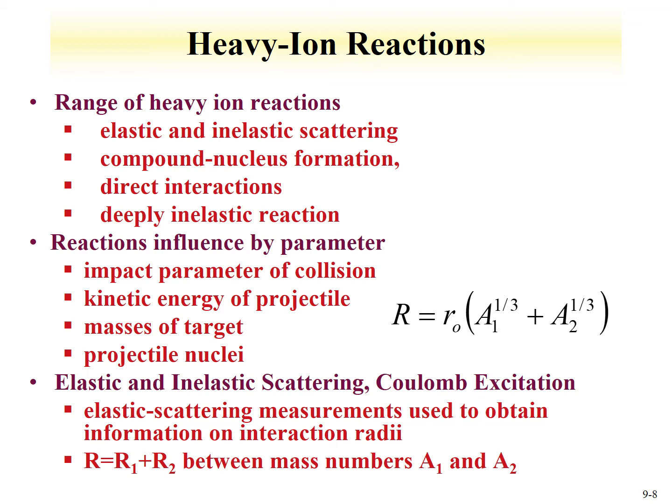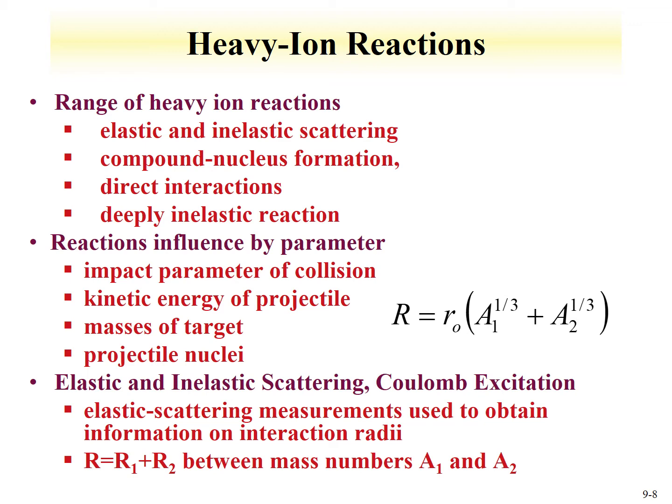Another route of reactions is moving from lighter particles to heavier particles. As opposed to using a proton, think about bombarding a nucleus with something like oxygen-16. These heavy ion reactions, in a lot of ways, are similar to light ion reactions, where we can have elastic and inelastic scattering, compound nucleus formation, direct interactions, and deeply inelastic reactions.